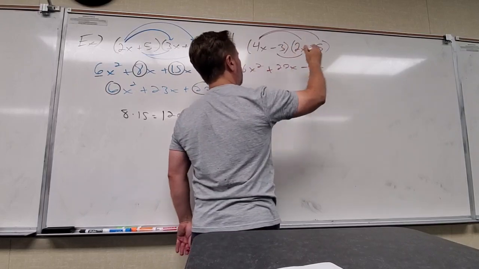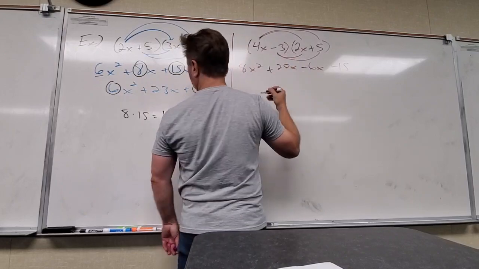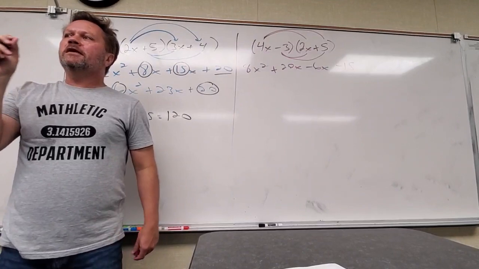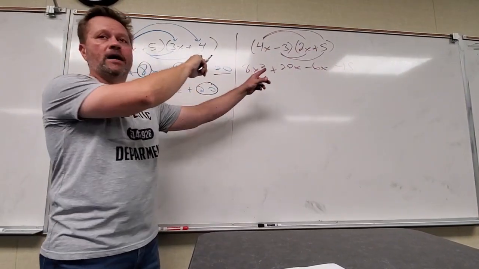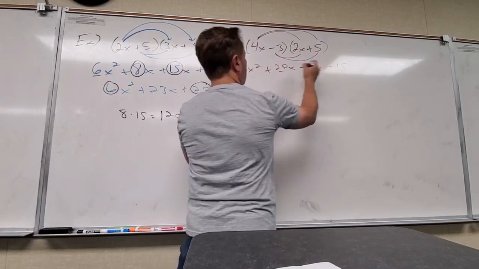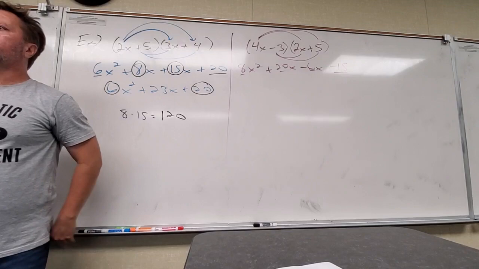I should have picked different numbers. Minus 15. It's the same numbers again. But the same thing happens again. I know this is not done, correct? But what is 20 times 6? 120. What's 8 times negative 15? Negative 120 again, right?